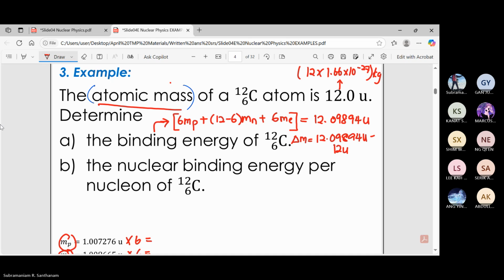So the difference, when you minus, is 0.09894 U. That is the mass defect.